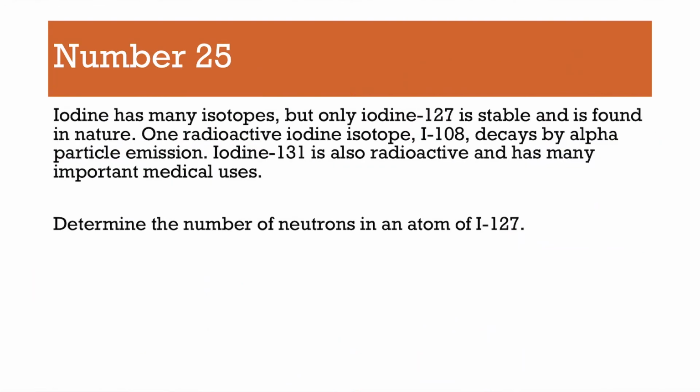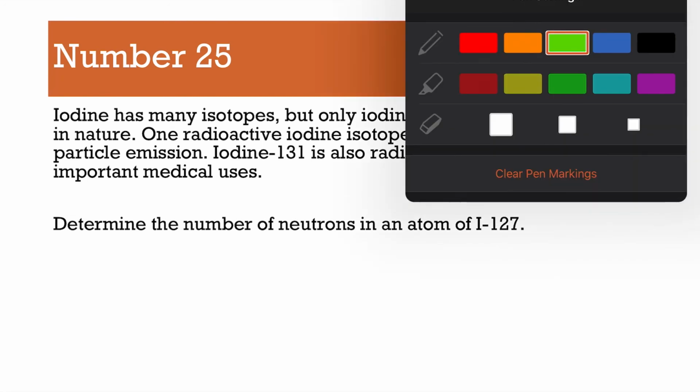Okay. Lastly, number 25. 25 says, iodine has many isotopes, but only iodine-127 is stable and is formed in nature. One radioactive isotope, iodine-108, decays by alpha particle emission. Iodine-131 is also radioactive and has many important medical uses. So, guess what?